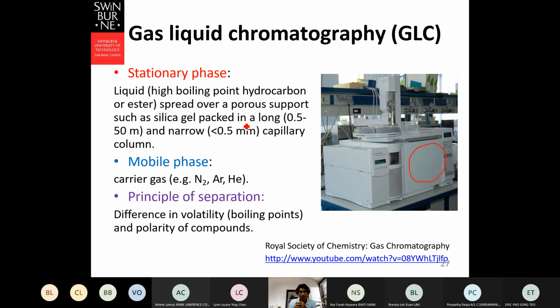Our sample goes through that hole. Carrier gas, nitrogen or argon or helium, mostly inert gas, is used to carry the sample through that column to the detector, the place where it will be detected.